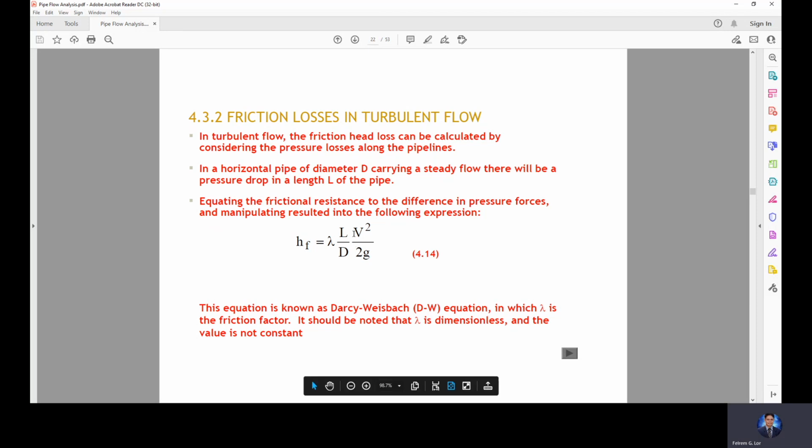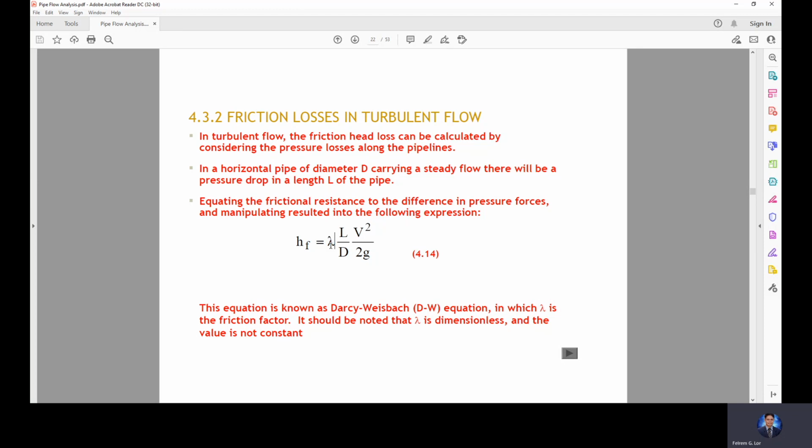So actually, it is a different equation but the same concept. L over D times V squared is the only difference. In turbulent flow, this is lambda.